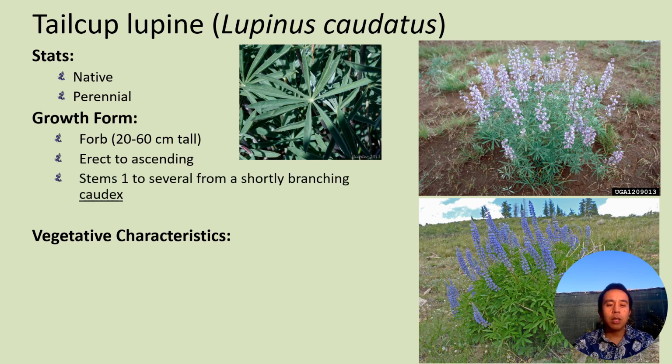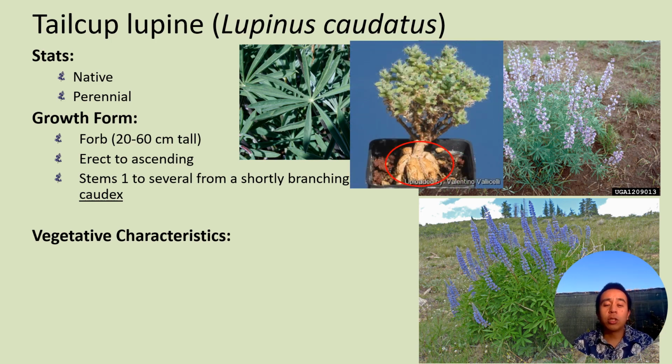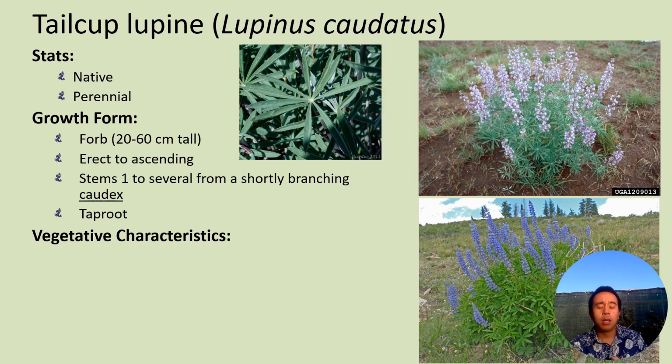There may be one stem, or there could also be several stems from a short branching caudex. And if you're not familiar with that term, that's essentially a rootstock above ground that branches come out of as well. And then Lupinus caudatus often has a taproot as well.